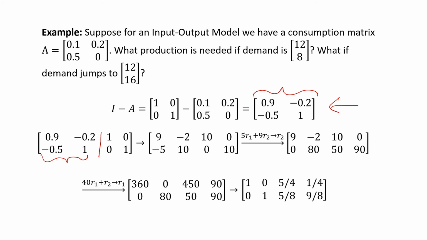Because remember earlier we saw that if you have your matrix and you want to get the inverse, you do your row reductions, then you apply the same exact row reductions to the identity matrix. Well, let's do it all in one here. So we're going to do some row reductions, and at the end we are going to have the identity matrix on the left, and on the right hand side, that's the inverse. Now that we have the inverse, calculating the production required to meet these two demand vectors is a lot easier because it's just a simple multiplication.